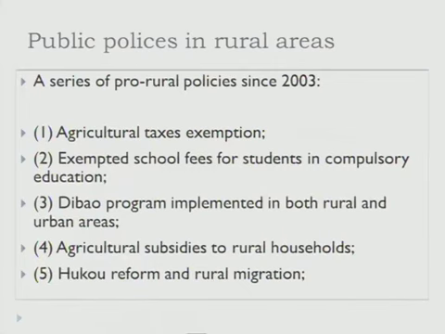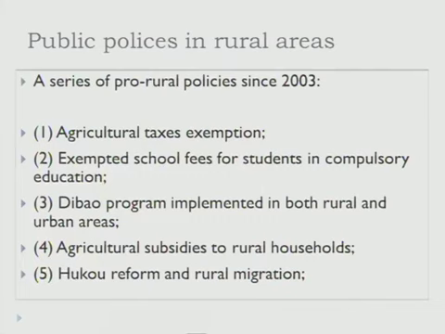That means from 2006, rural households never pay tax to the government again. Also, school fees were waived for students in compulsory education in rural areas. Another is the DIBAO program, implemented in both rural and urban areas. DIBAO means the Minimum Income Guarantee Program, from 2007.